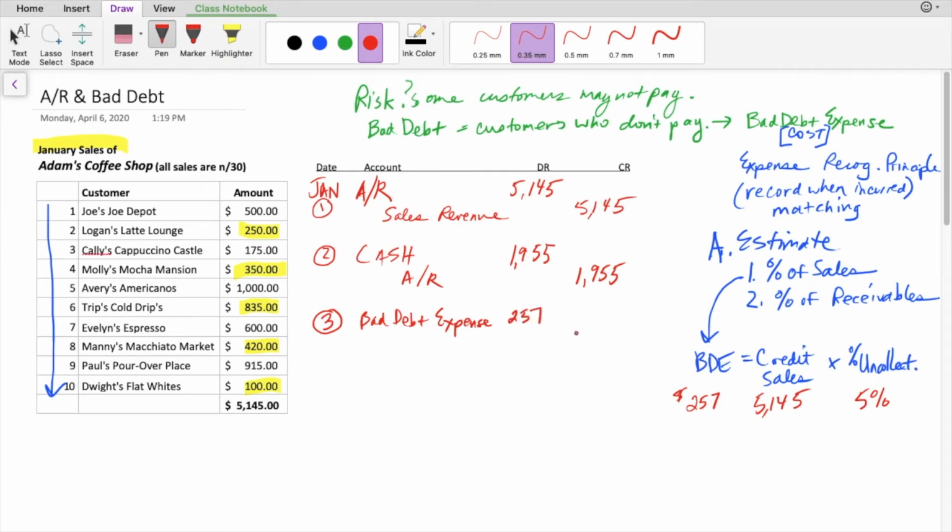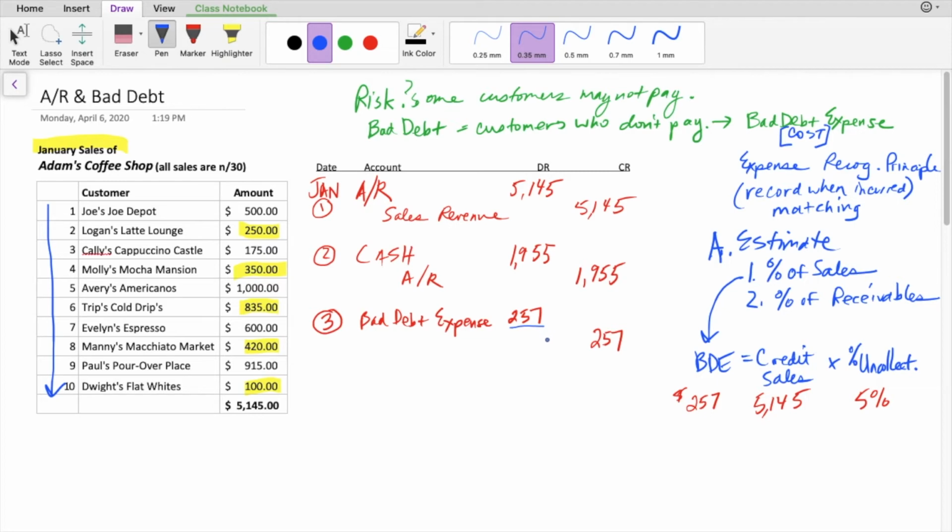Now, as we know, with journal entries, if we debit something, we're going to have to credit something, right? Now, the logical thing for us to do here, if we think through this, would be to say, all right, well, if we don't expect to collect the $257, that's our cost, right? Our bad debt expense. If we don't expect to collect that from our customers, then we would get rid of the accounts receivable.